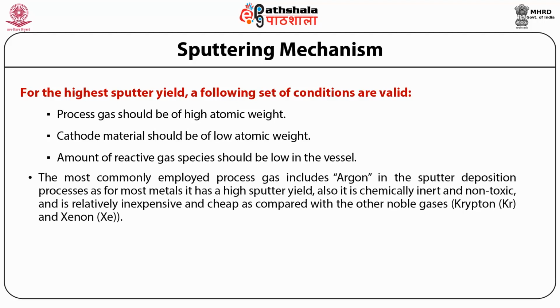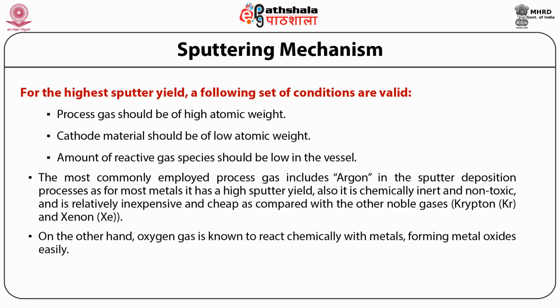The most commonly employed process gas in sputter deposition processes is argon, because for most metals, argon has a high sputter yield. Also, it is chemically inert, non-toxic, and relatively cheap as compared to other noble gases like krypton and xenon.